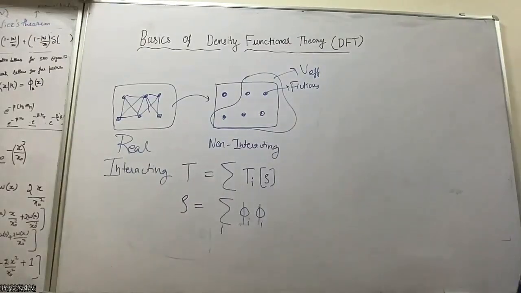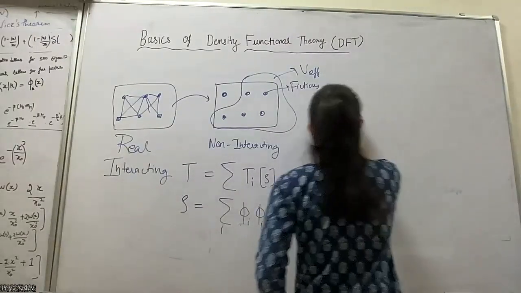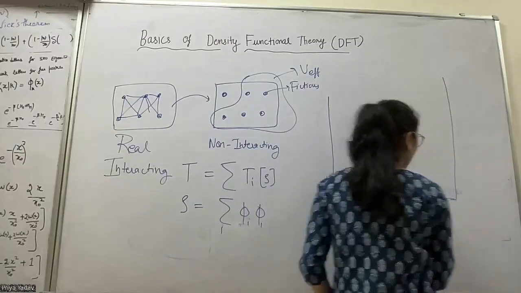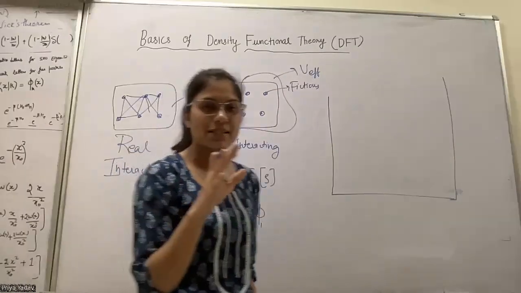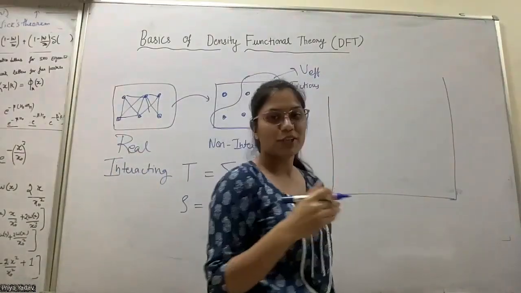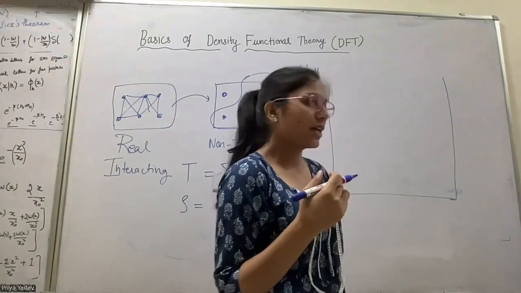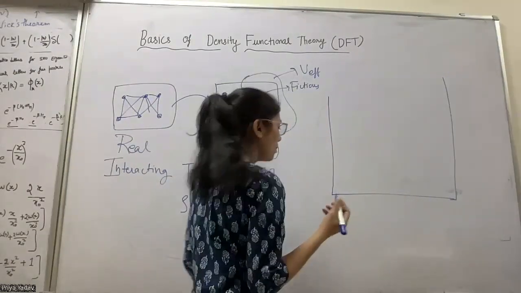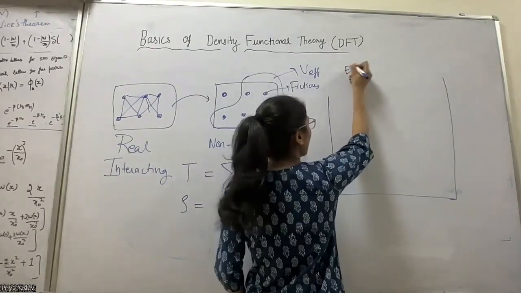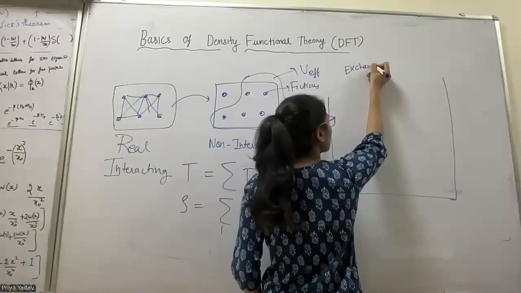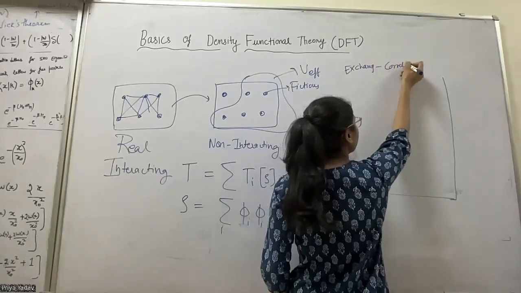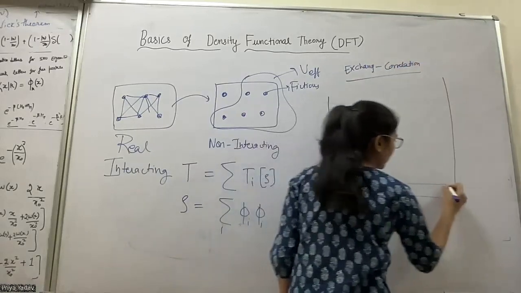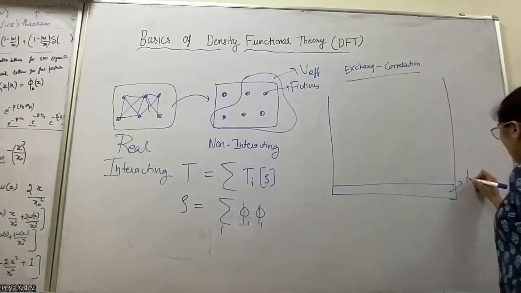So I think all of you must have seen this also, the Jacob ladder. So there are exchange correlation functionals. It says that if you go up the ladder, the computational cost and the accuracy increase, but it is not always the case that accuracy will increase. But yeah, so for the exchange correlation part, the first one in the ladder is the LDA, that is the local density approximation.